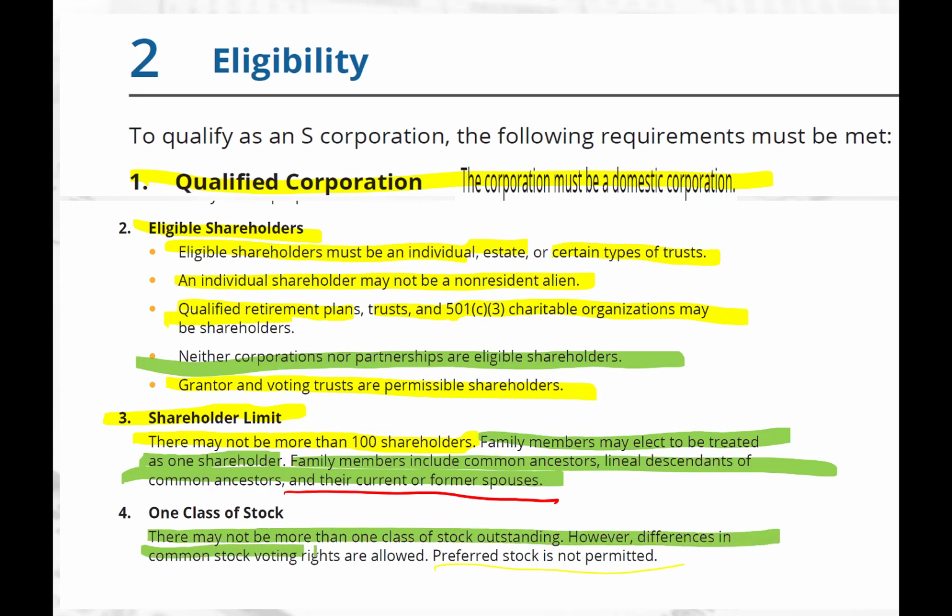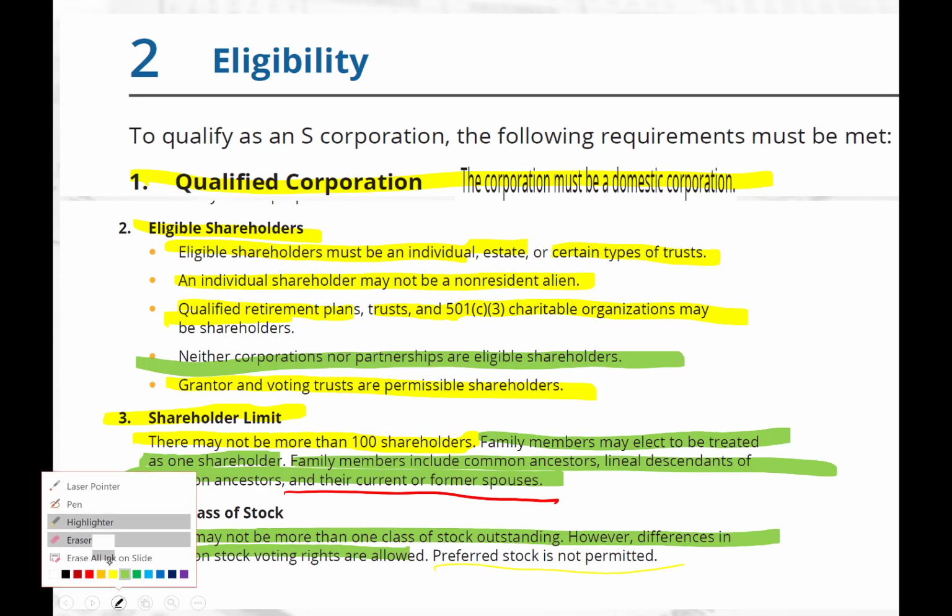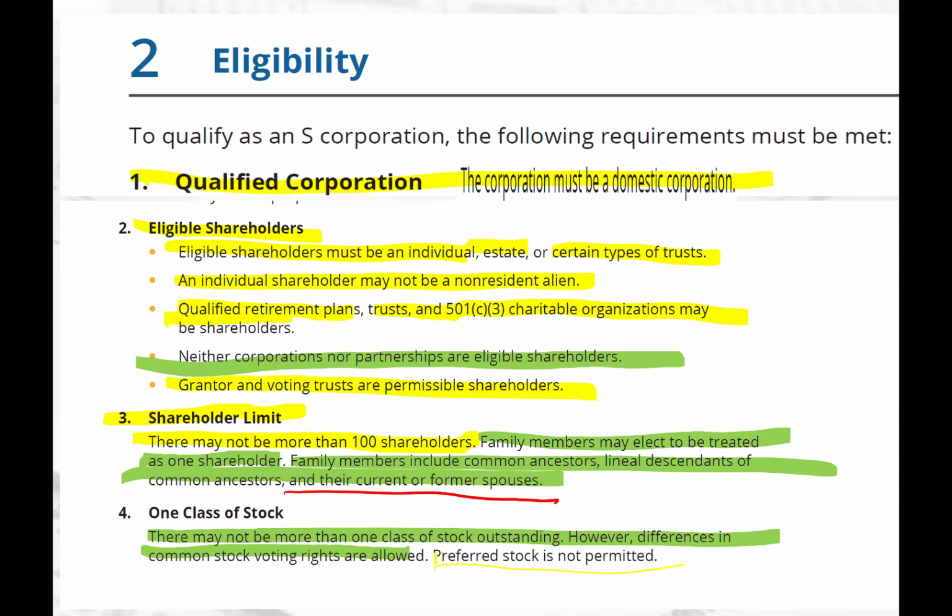However, differences in common stock voting rights are permissible, but only one class of stock. Preferred stock is not permitted. Now you look at that, and that has a potential to affect startups that may want to be a closely held S corporation.